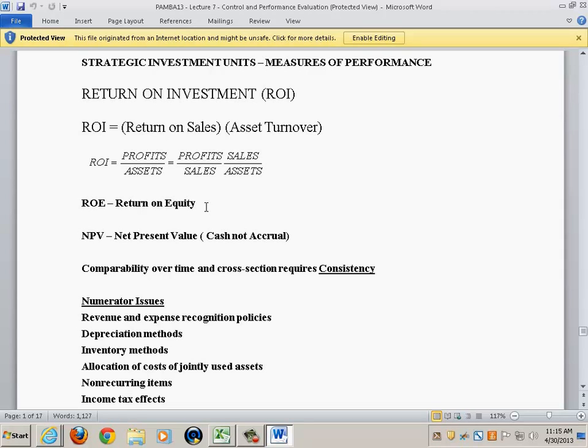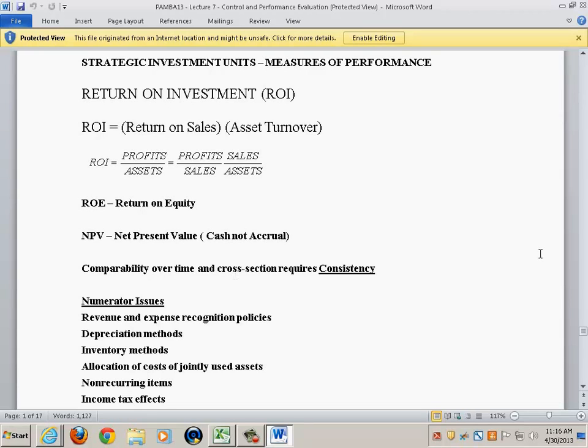And of course, for company or centers, the net present value, which is a measure you know well from your finance course, which is the present value of the net cash flows. Let's focus on return on investment.